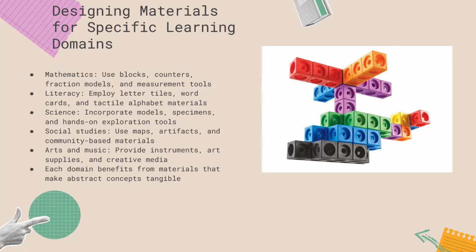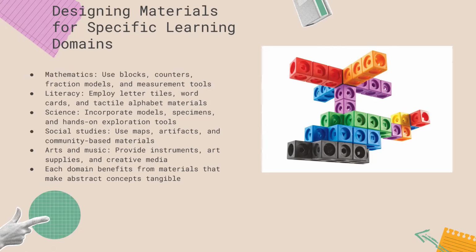In science, I would say that it's another subject where educational materials play a crucial role. Instead of only reading scientific concepts, students benefit greatly from observing models, conducting experiments, examining plants, animals, rocks, or other real-life specimens, right? In social studies, folks, maps, photographs, historical artifacts, and community resources help students connect classroom learning with the real world around them.